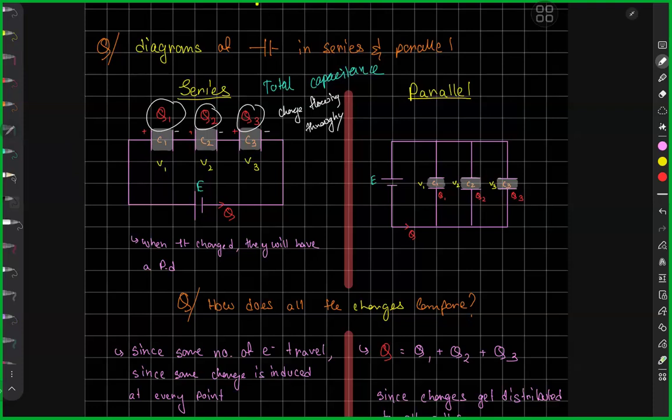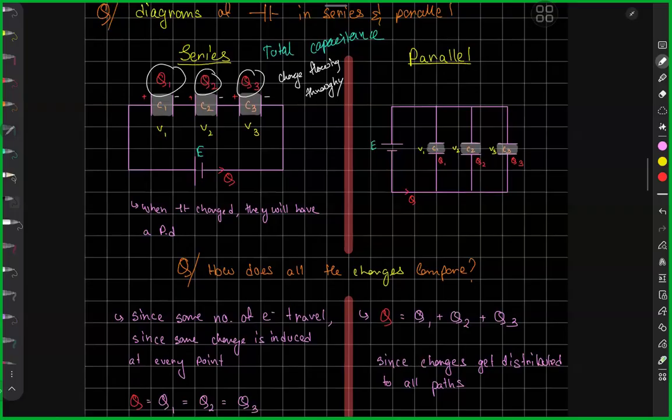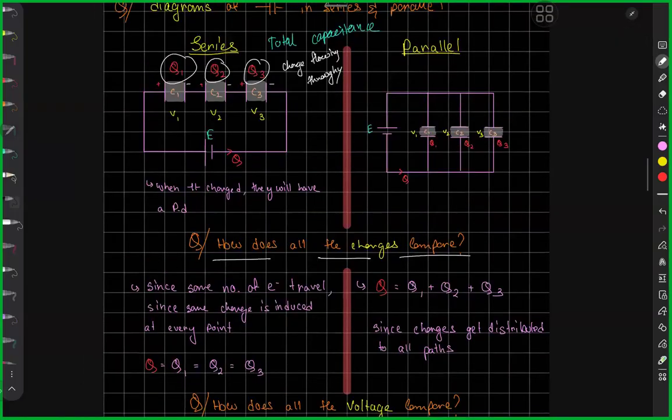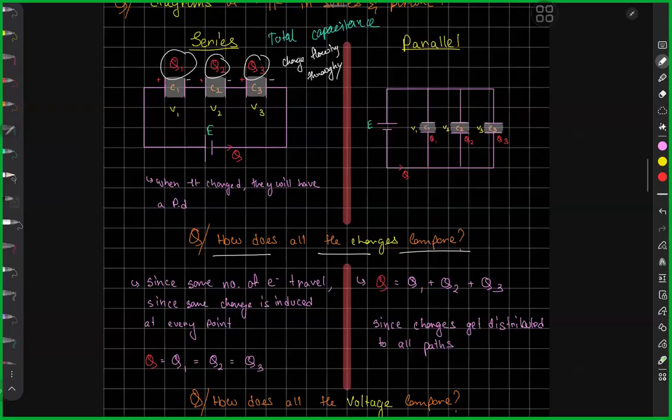But how much charge is flowing? Now the question is, the first thing that I do to find the net capacitance of this entire setup is compare all the variables.